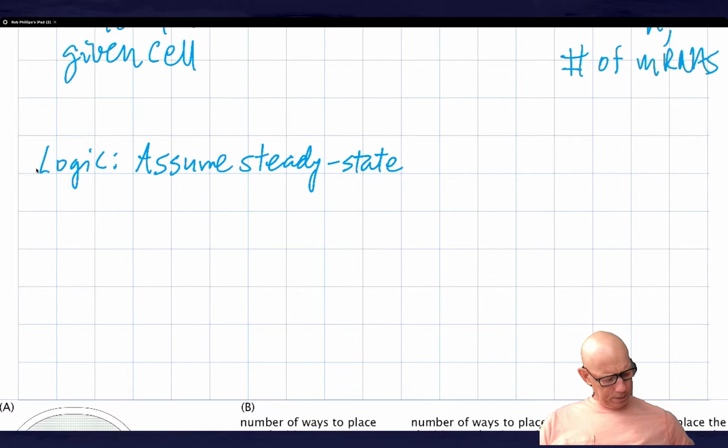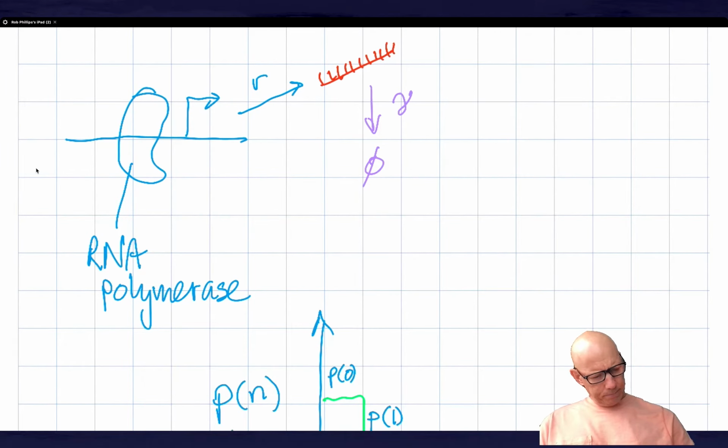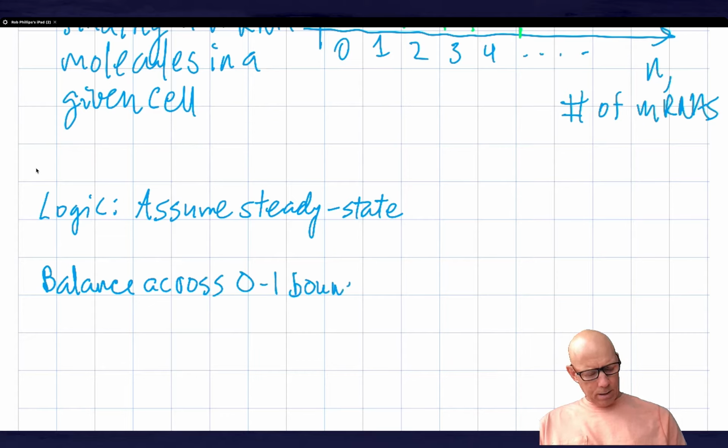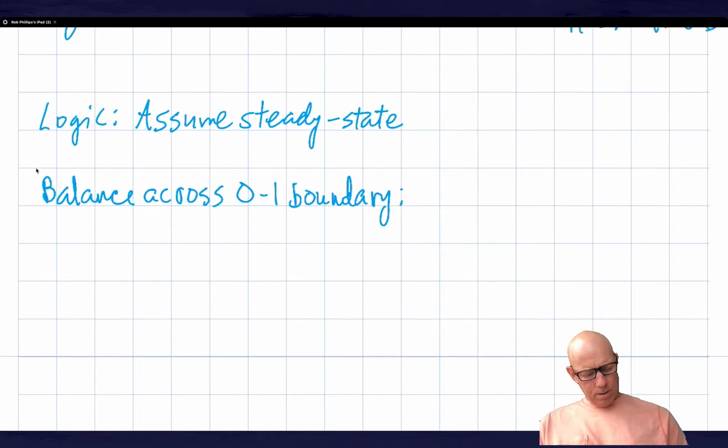So to think that through, what we're going to do is basically write a balance between adjacent skyscrapers. So balance across the 0, 1 boundary. How does that go? Well, what I'm going to say is that R delta t times P0 has got to be equal to gamma delta t times P1.